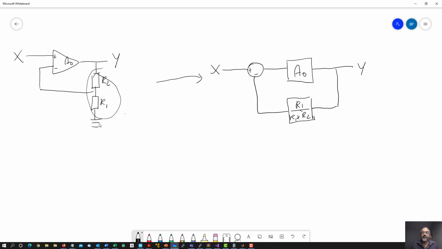And also here for this A0, it's a constant value. That's a big value, somewhere between 10,000 and 100,000, but it's constant. So both of these are zero-order systems. Zero-order systems just multiply the input with a fixed value, and then you get the output. So this is zero order, and this one is also zero order.